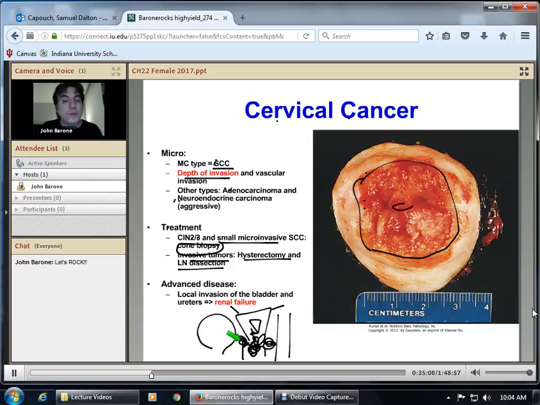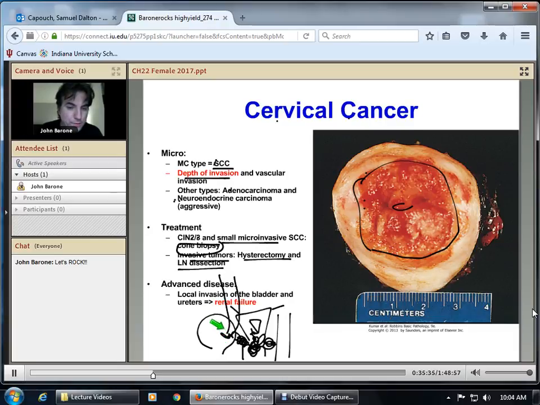What kills you is when it goes anterior. If it goes anteriorly, it's going to invade the posterior wall of the bladder. Now, if you remember, in the back of the bladder is the trigone area. That's the area where the ureters come down. Do you remember the ureters come down and enter posteriorly? Well, when tumors go anteriorly, they invade the posterior wall of your bladder.